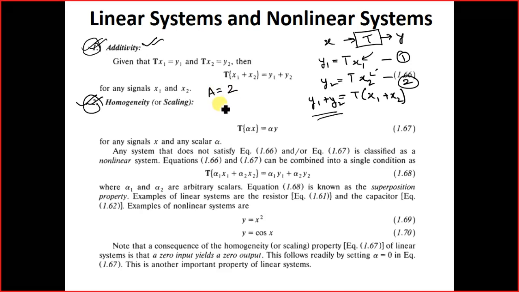Initially you give an input of 1 volt and you get an output of 2 volt. In the next stage you give another input of 2 volt and you get an output of 4 volt, right? I am just taking the magnitude.